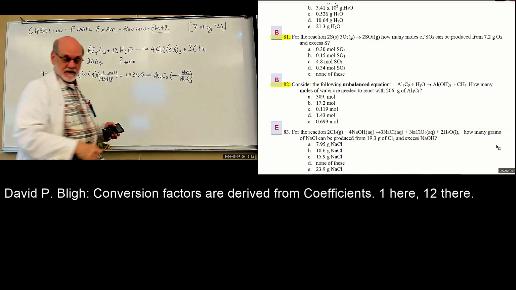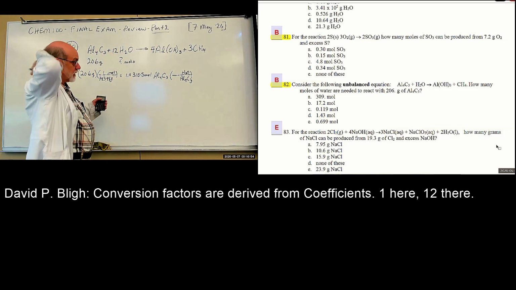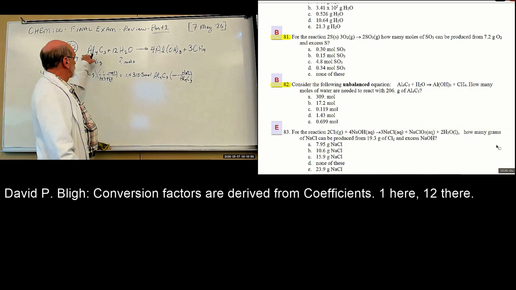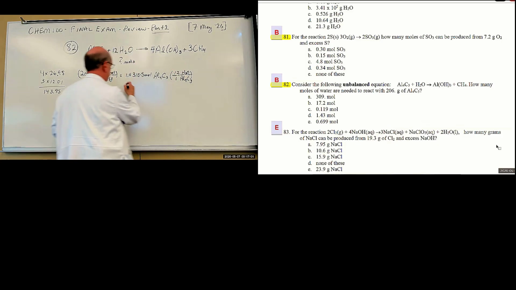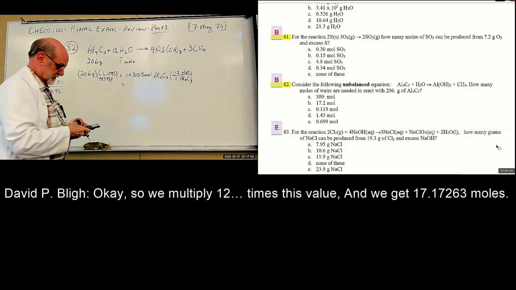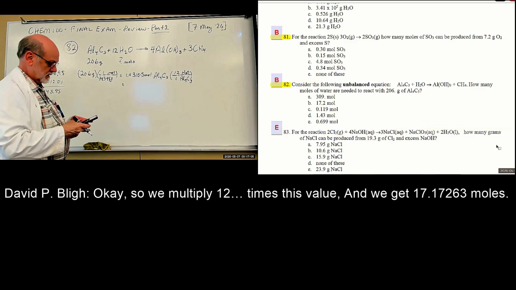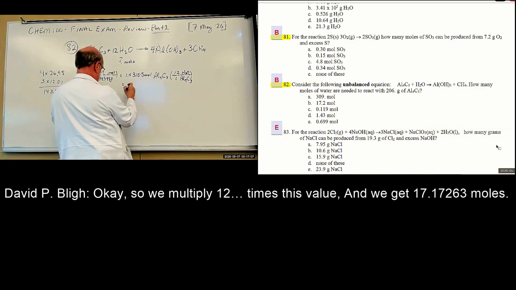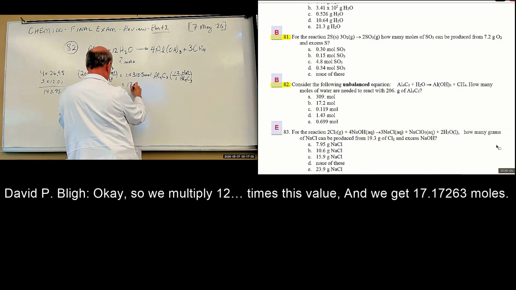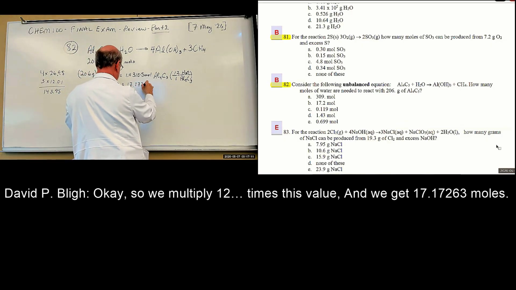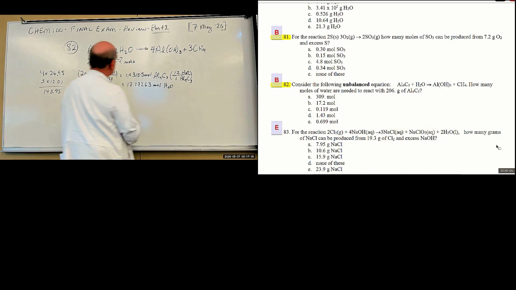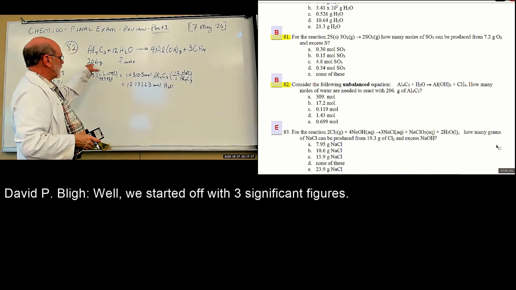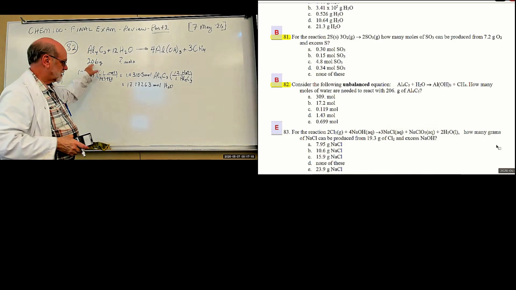Conversion factors are derived from coefficients. 1 here, 12 there. So we multiply 12 times this value, and we get 17.17263 moles of water. But we started off with 3 significant figures.